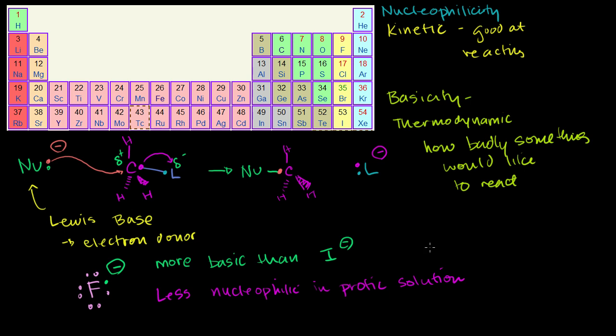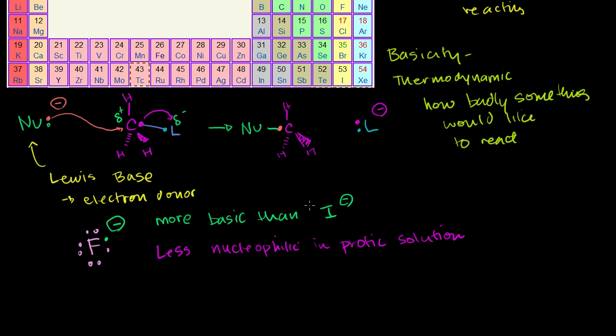And the whole reason it's less nucleophilic is because there are other things keeping it from reacting. We saw in the video on what makes a good nucleophile that in the case of fluoride, it's a very small atom, actually a very small ion, and so it's very closely held. The electron cloud is very tight. And so it allows the hydrogens from the water to form a very tight shell around it.